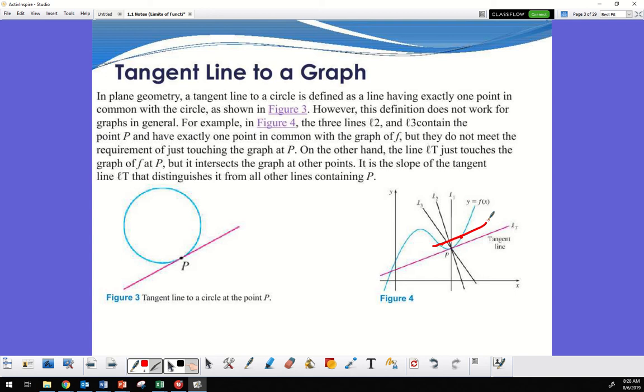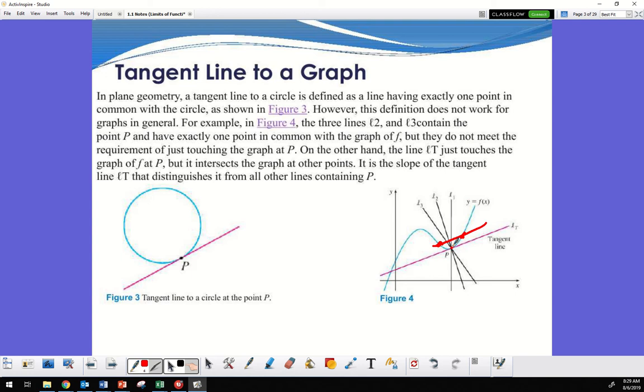It is touching in between two separate points. So the slope of the line would be determined by the slope between this point and this point. But because this is a tangent, it's going to be dealing with the slope at that exact point. That's what that means.